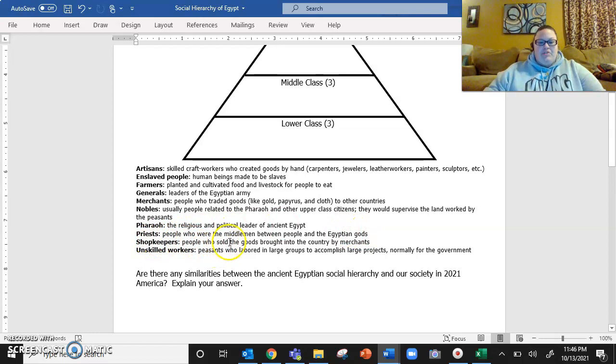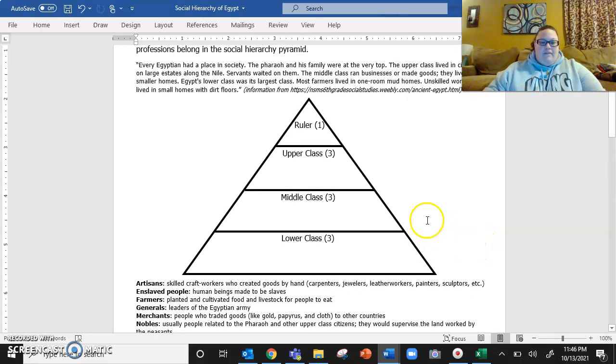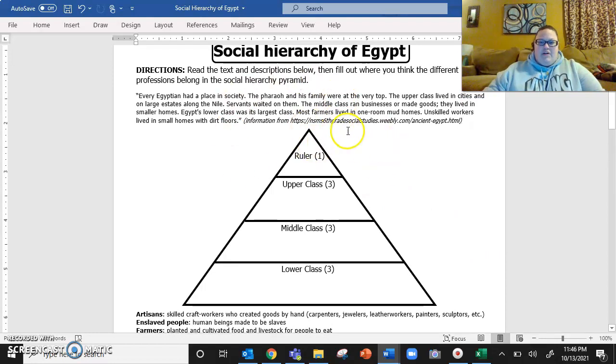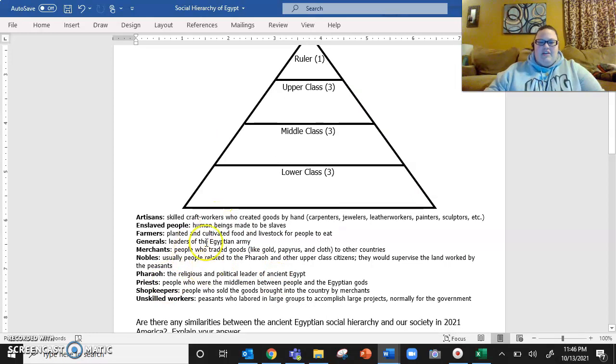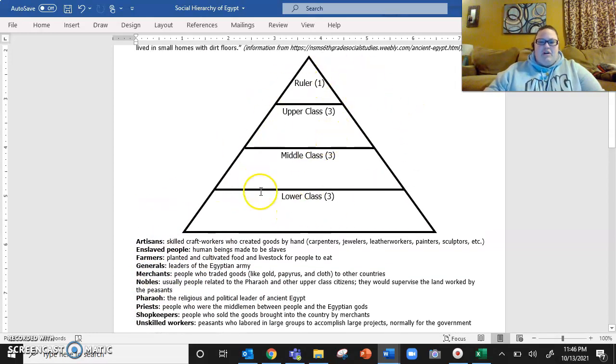Shopkeepers, people who sold the goods brought into the country by merchants. And unskilled workers, peasants who labored in large groups to accomplish large projects, normally for the government. So here is our information, and these 10 professions need to be placed into our social hierarchy.